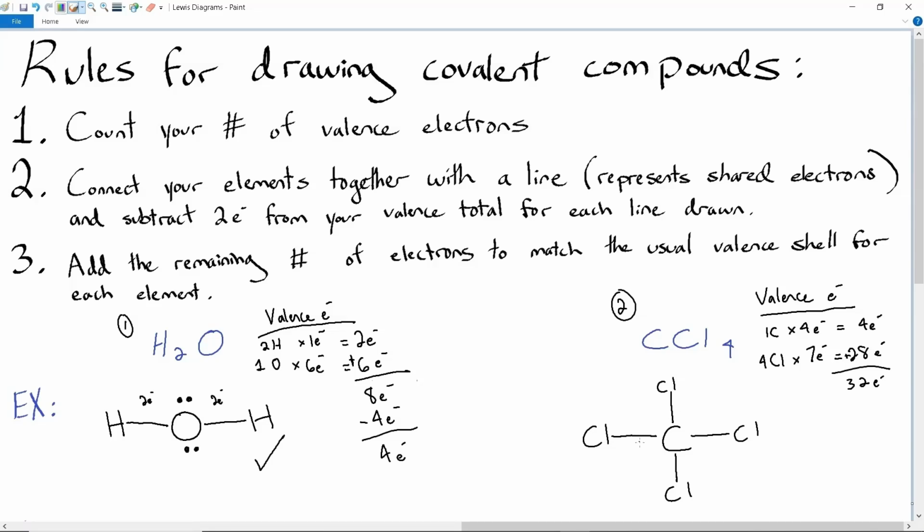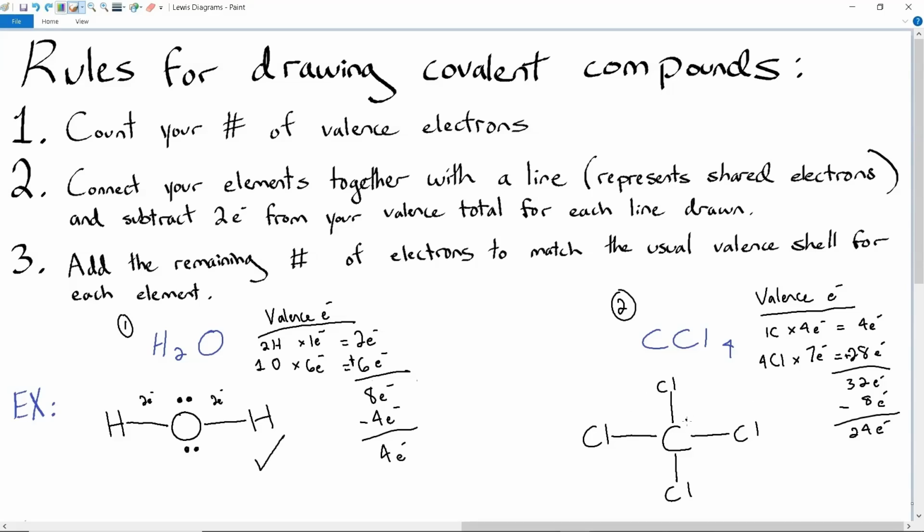Okay, and each line represents 2 electrons. I have 4 lines. I need to subtract 8 from my total. Now all that's left to do is add the remaining number of electrons where needed. Let's start with carbon this time. Carbon had 4 valence electrons, and it has 4 electrons being paired to other atoms.